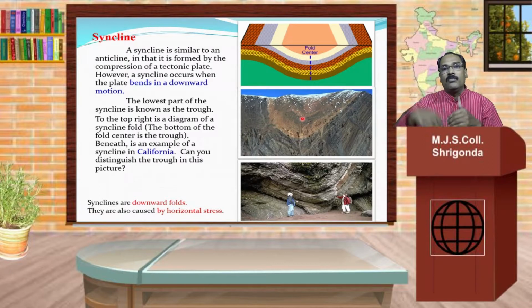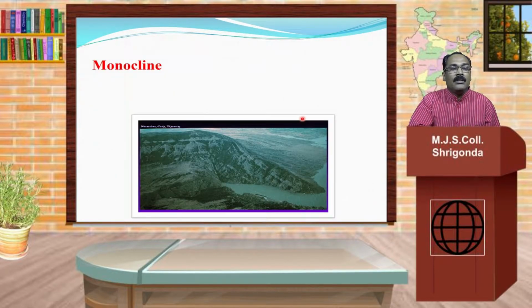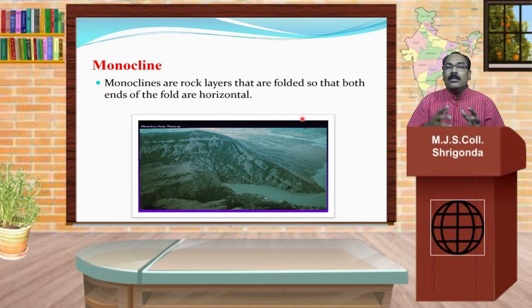Synclines are downward-moving folds. Then the monocline. Monoclines are rock layers that are folded so that both ends of the fold are horizontal.